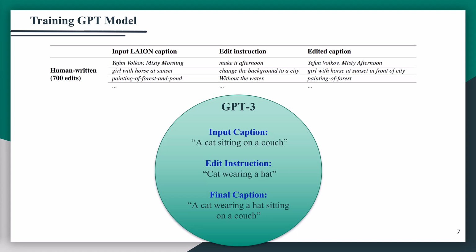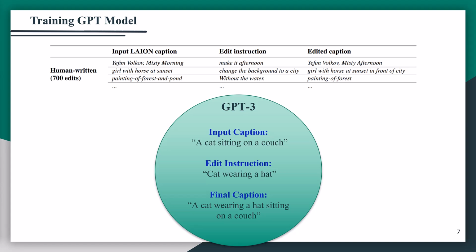At first, the GPT-3 model was trained on 700 captions from the LAION dataset, as well as manually created edit instructions and edit captions. For example, for the input caption, we have a cat sitting on the couch.